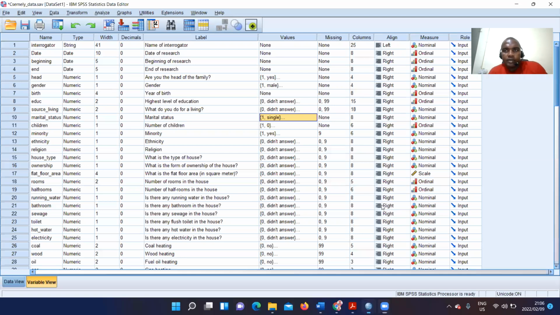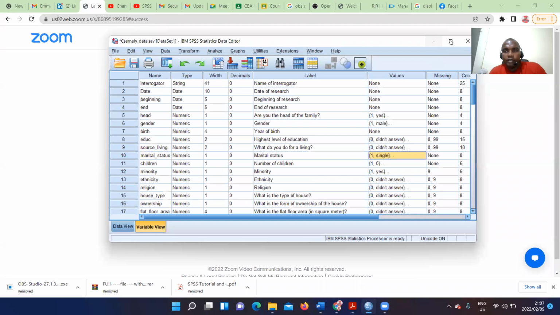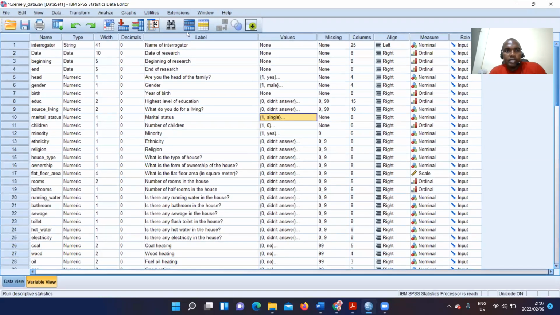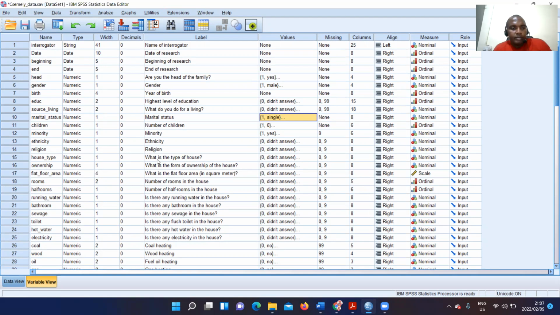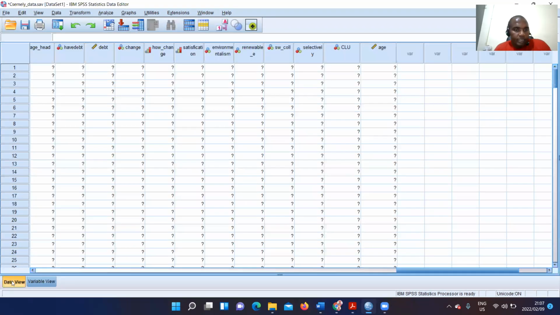So we are still using the same work file, which is the Senley work file. So we are proceeding with our data analysis.